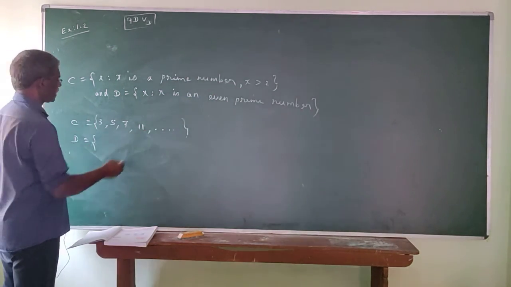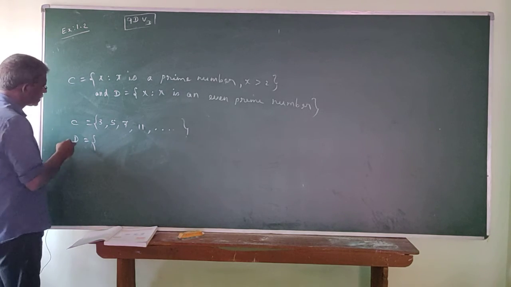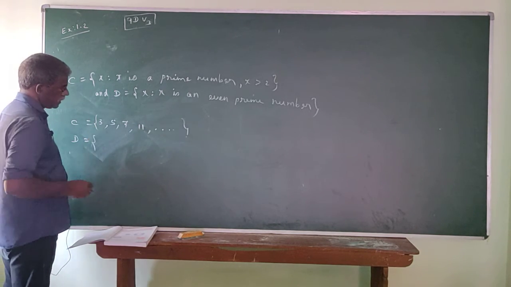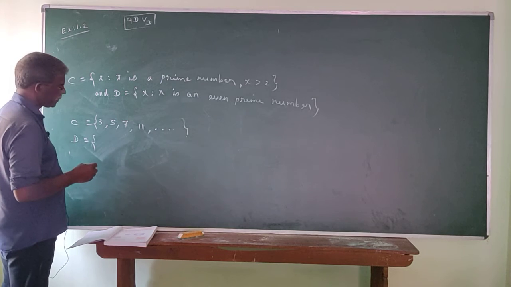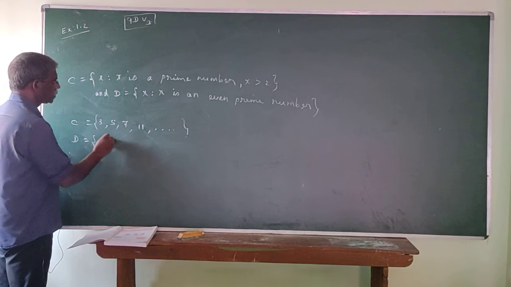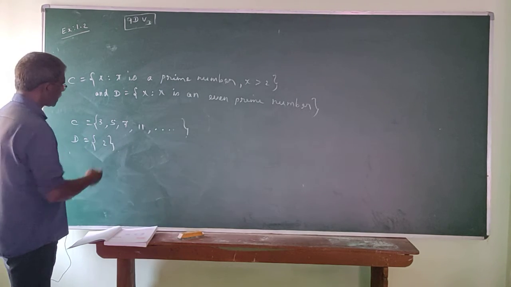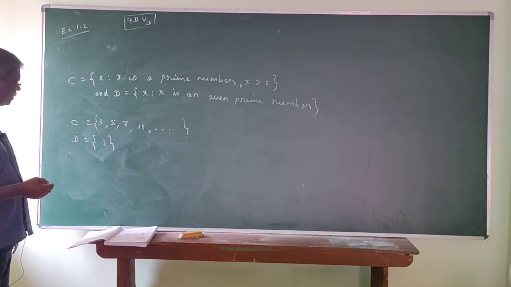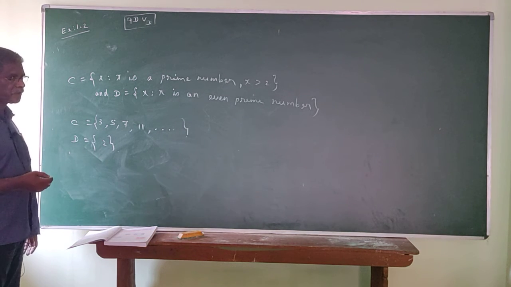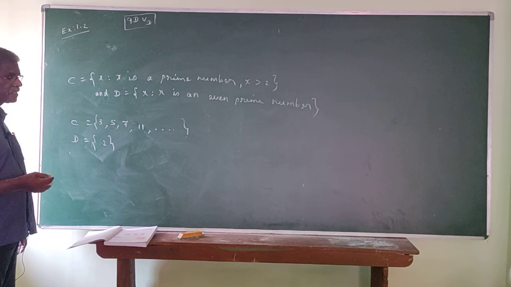For D, X is an even prime number, only 2. So there is no common element. Therefore C and D are disjoint.